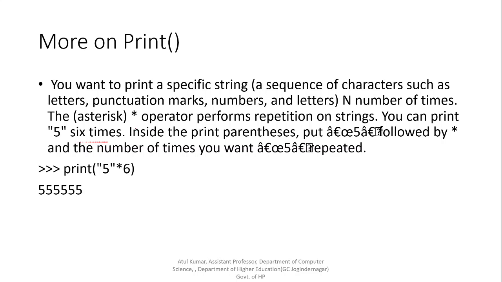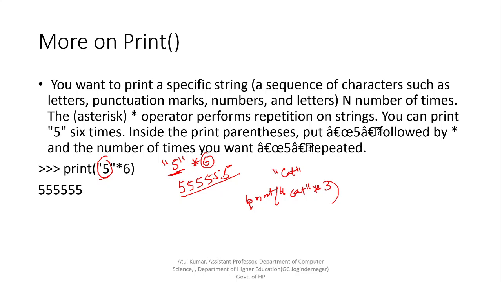Like in this example, in double quotes I have written 5, and outside this I have multiplied by asterisk 6, so 5 is printed here 6 times. So 5 here is a string and it is printed 6 times. Suppose inside the brackets of print I have written cat and then star 3, then it will display cat 3 times.